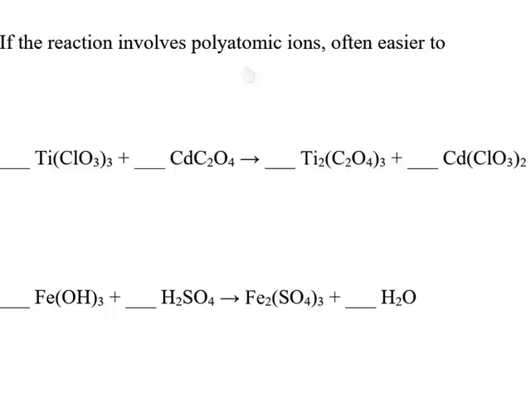Here's another thing to look for when you're balancing chemical reactions. You want to look for polyatomic ions showing up because it's often easier to balance the polyatomics by treating them as one unit.